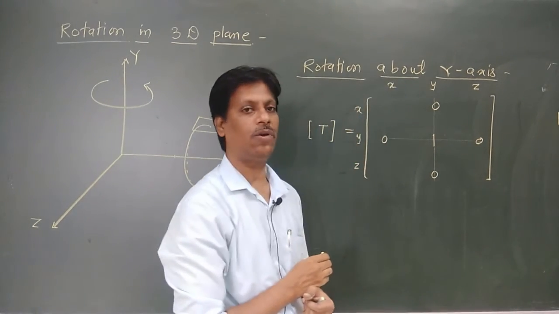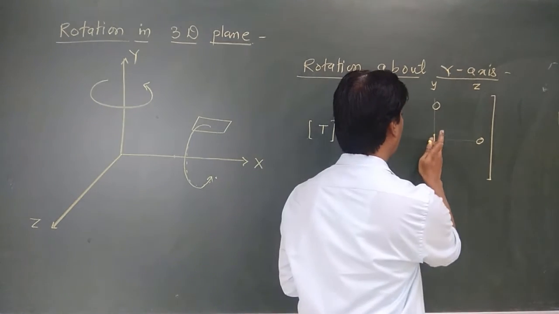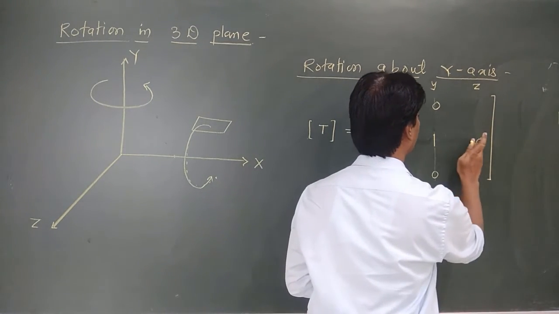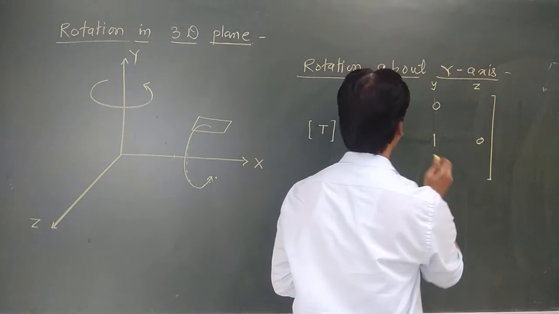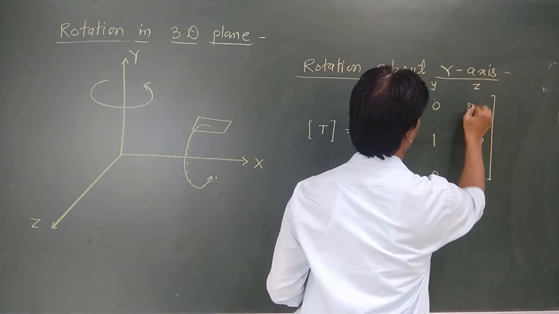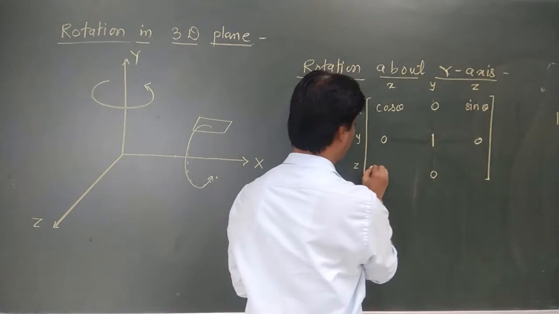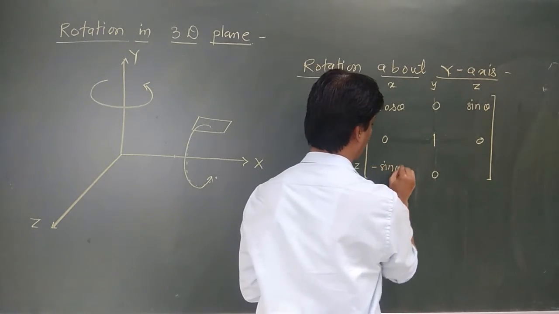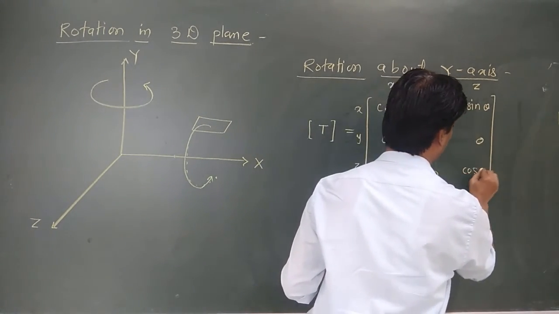For the remaining positions, we write the same matrix: cos theta, sin theta, minus sin theta, and then cos theta.